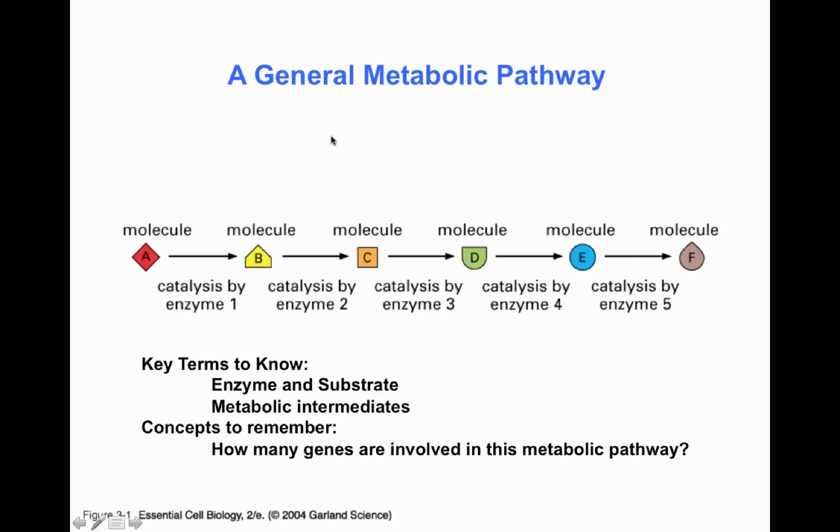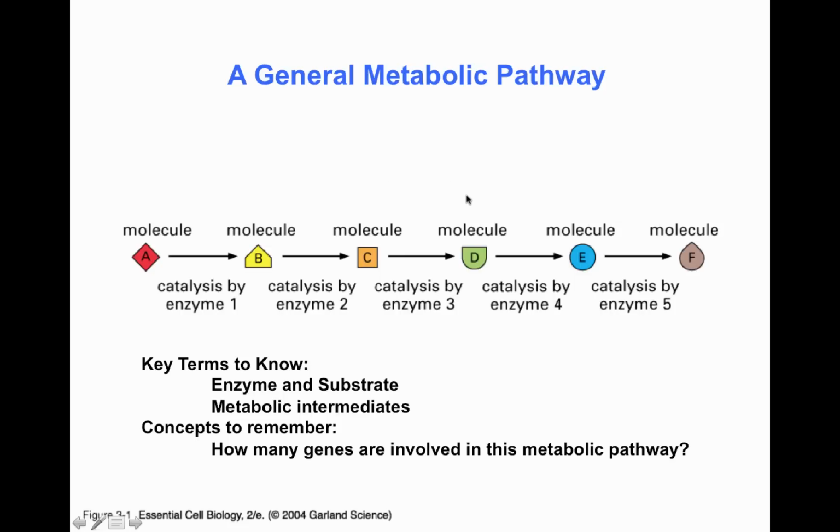In this particular image, we have a substrate, molecule A, that will be taken by enzyme 1, and enzyme 1 will catalyze the reaction to make molecule B. Molecule B will then be used by enzyme 2 to generate molecule C. Molecule C will then be used by enzyme 3 to generate molecule D.